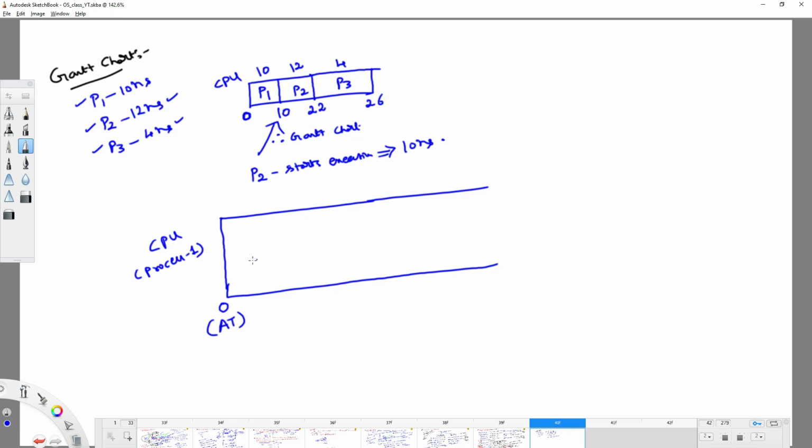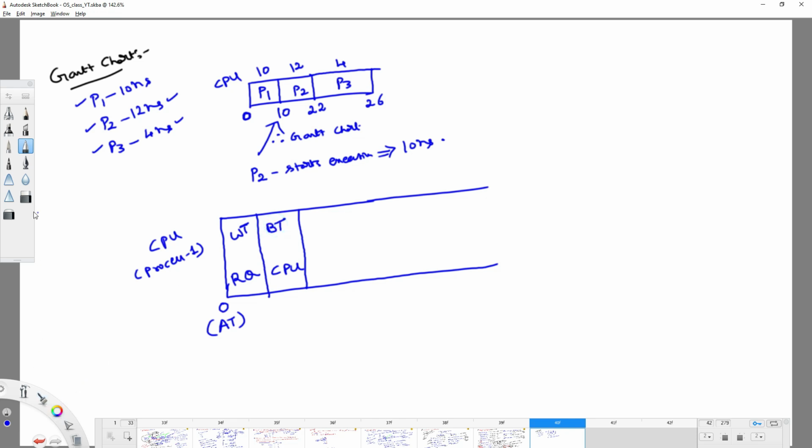Once they have arrived, there might be a chance that they do not enter directly into the CPU. Then it will be placed in the ready queue. I can call it waiting time. Once the waiting time is done, it will enter into the running state. I can say it is entering into the CPU, and this will be the burst time.